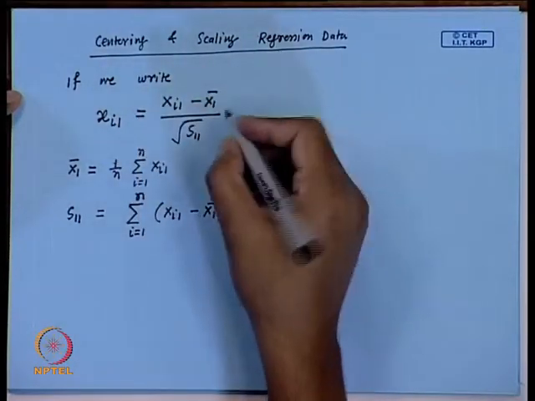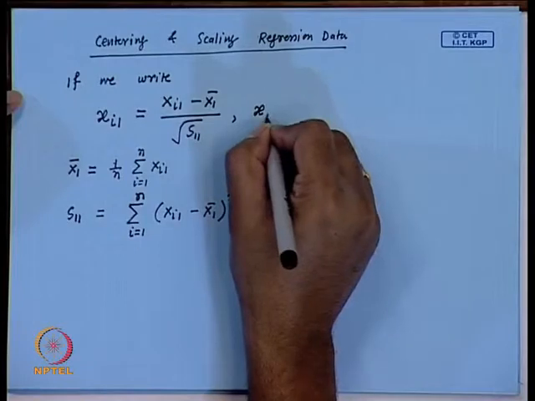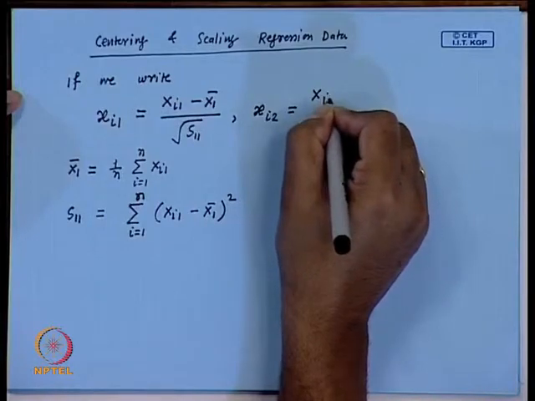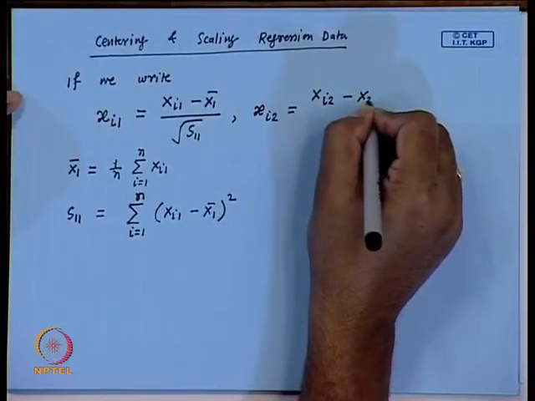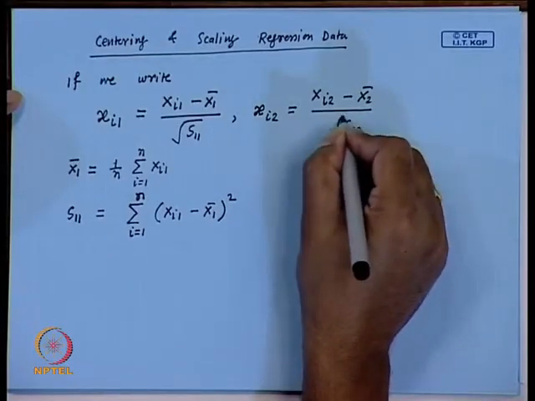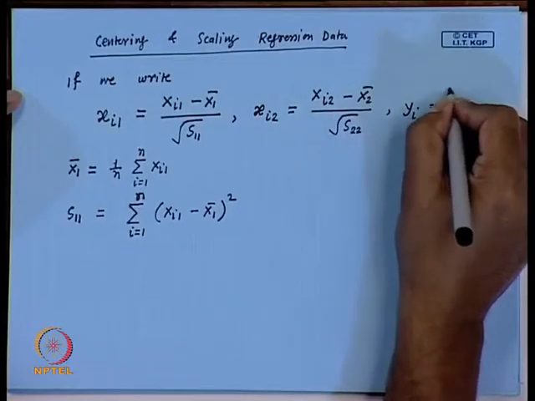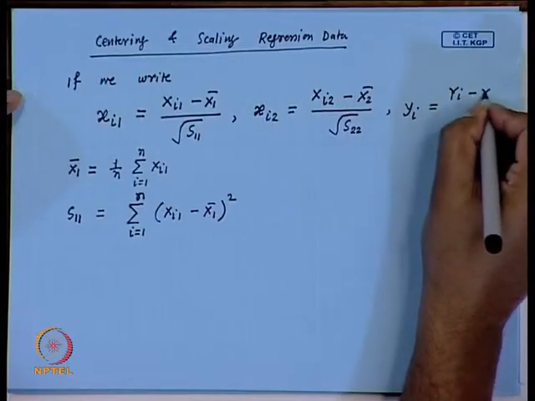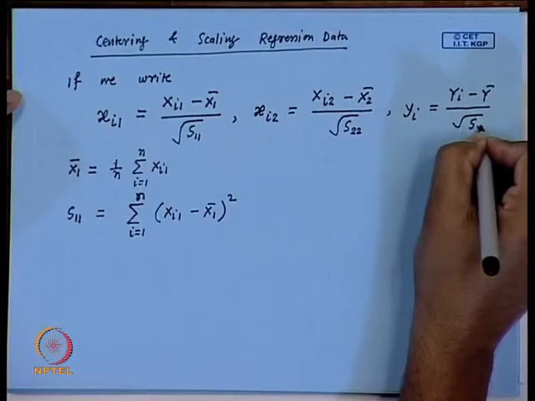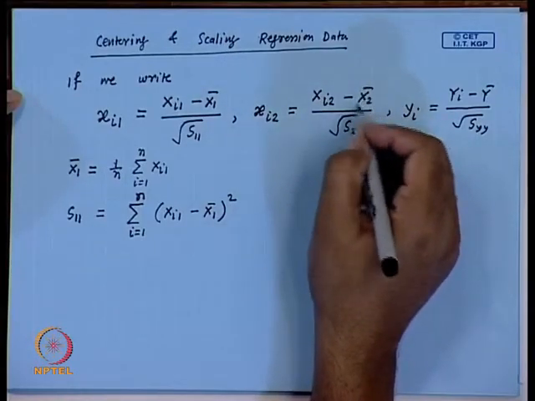Okay. So, well, let me write also, say small x_i2 equal to (capital X_i2 minus x2 bar) by square root of s_22, and small y_i is equal to (capital Y_i minus y bar) by root s_yy. Okay. So, this is the mean associated with the second regressor.